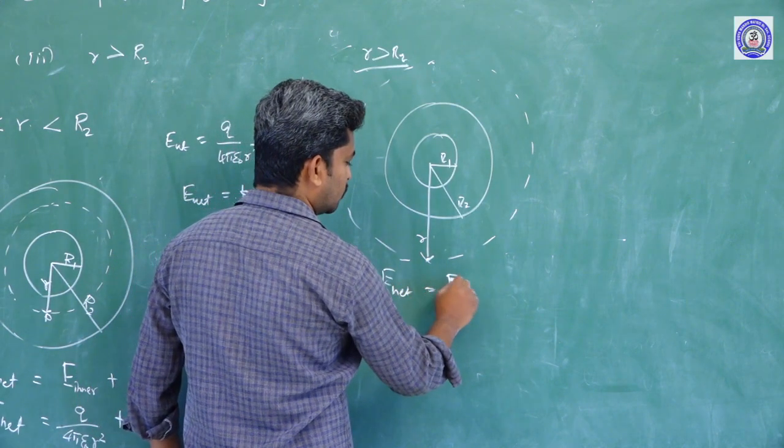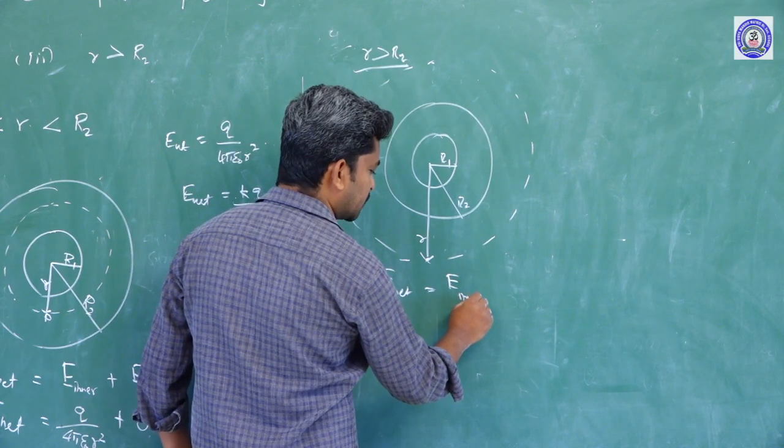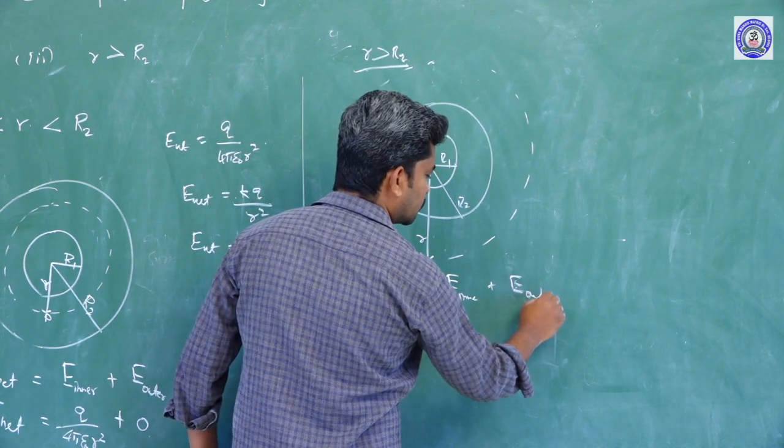The net electric field is equal to the electric field of the inner sphere plus the electric field of the outer sphere.